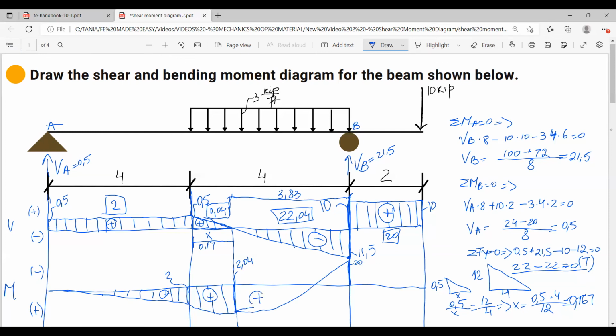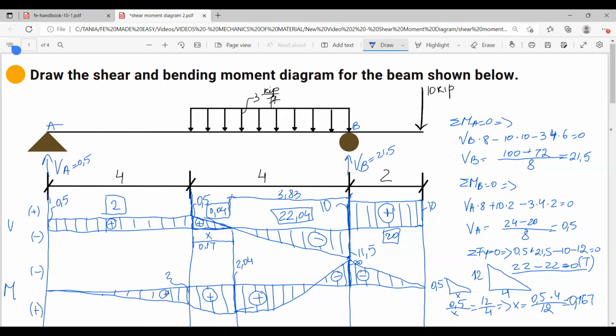Okay, this is positive. This is negative. All right. So from 20 now, looking at the shear diagram, which is constant, my moment diagram is going to be linear, and I have to go towards the positive side with a value of 20, and it's going to end me up here at 0, which is exactly what we need.